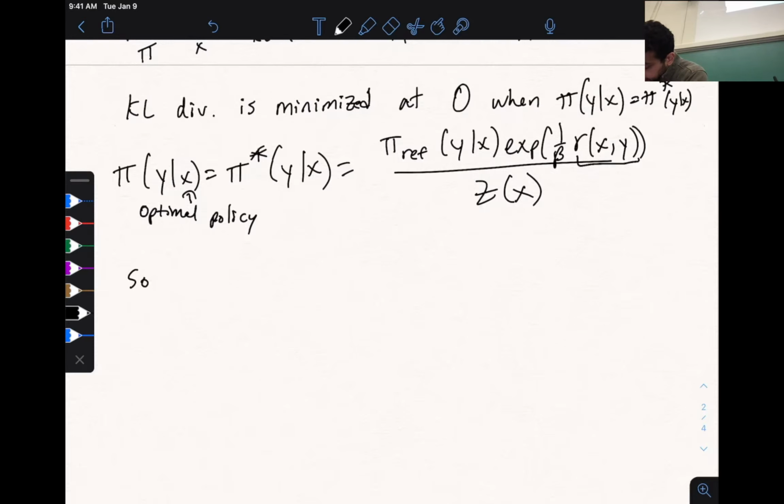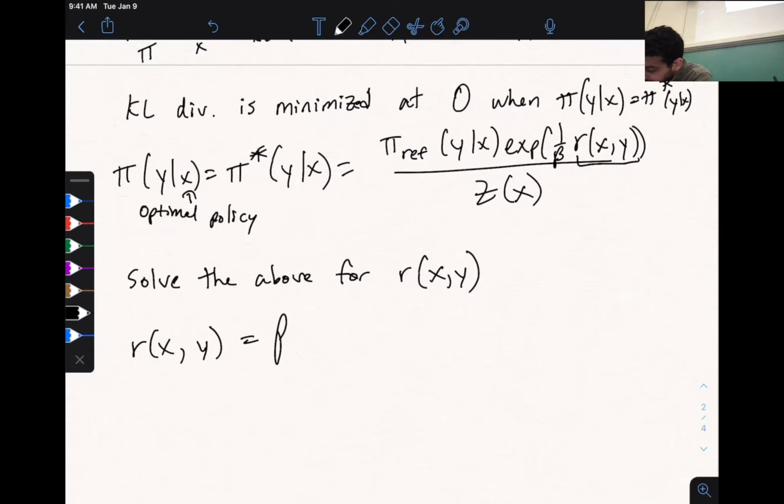So the next step here is to solve the above for the reward term. So now we can rewrite our reward as a function of this policy and the pi ref of y given x. And if we do that, basically we take the log of both sides and rearrange some terms. We get the following.